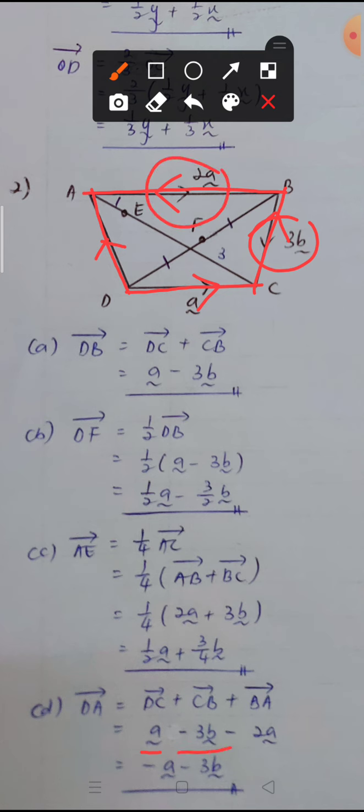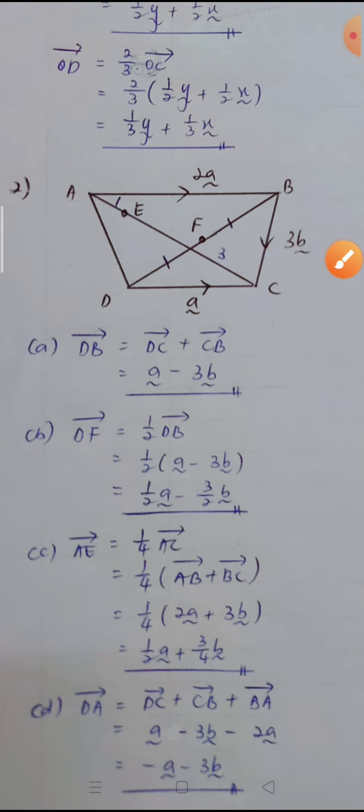Here also opposite direction, so we have minus 2A. So we simplify it, A minus 2A, we have negative A. And we get the answer for vector DA, which is negative A minus 3B. So this is the solution for question number 2.